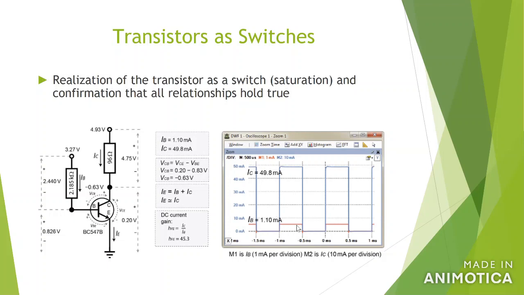You can see the red curve is for IB, the current on B, and the blue curve is for IC, the current on C. So with the help of the transistor, you can use a very low current drive to produce very high current on the C side to drive a high current device. This is very important for why we use transistors in electrical circuits. So transistors are very important.